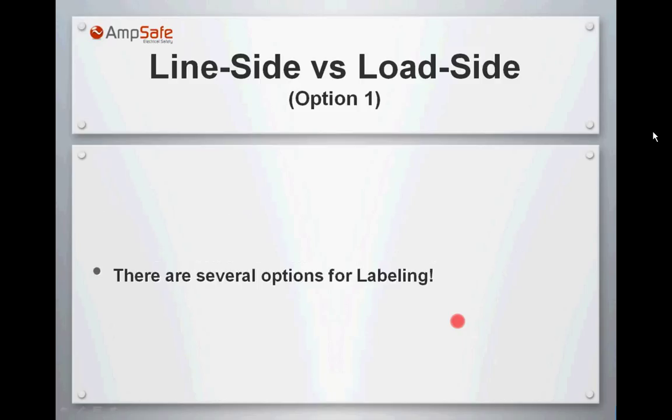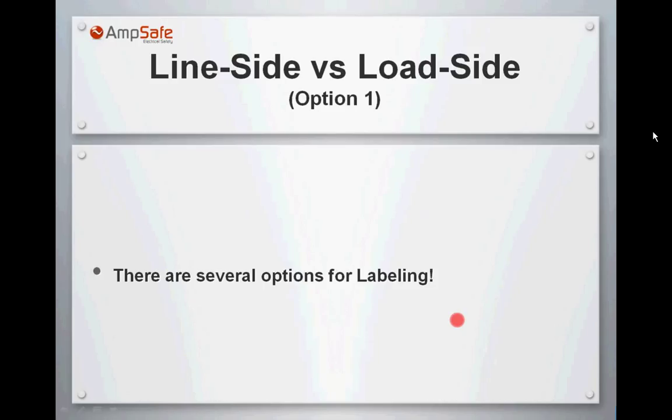So now that we have established the problem, we have to devise a solution, okay? And the question is how we're going to label the switchgear, the switchboards, the power panels, MCCs, and all panels that have a main overcurrent protection device.